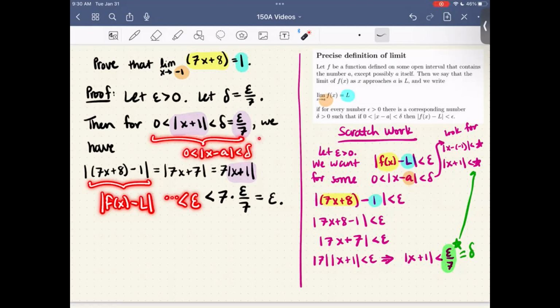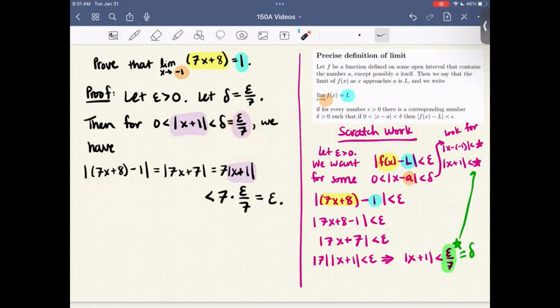Our work here was picking what this delta is that guarantees that this part happens. And it turns out that the delta that I need is epsilon over 7. That will guarantee that these output values, f of x, are within a distance of epsilon from L.